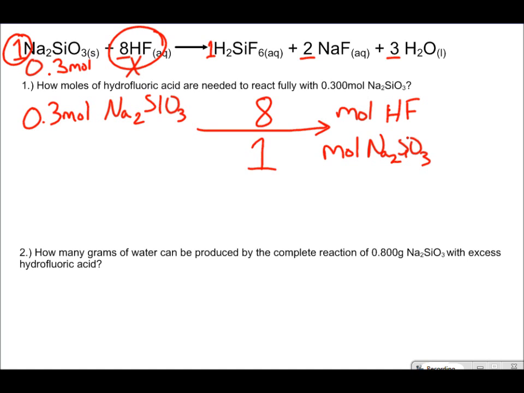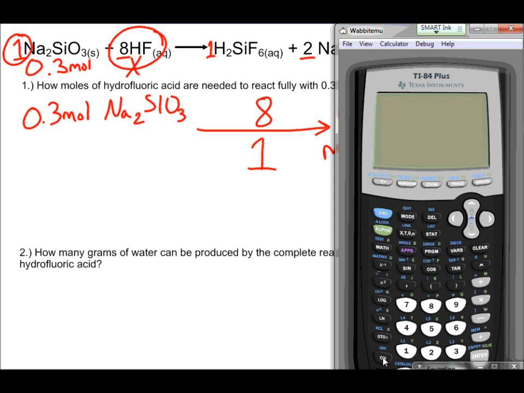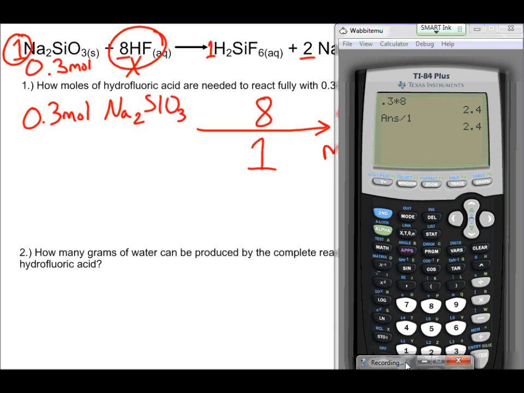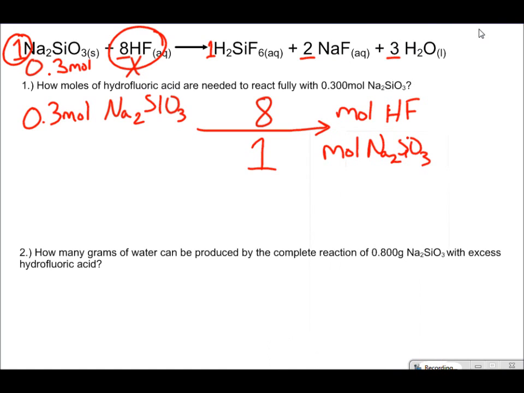So we pull up our calculator. First, it would help if I turned it on. And we type in 0.3 times 8 divided by 1, and we get 2.4.